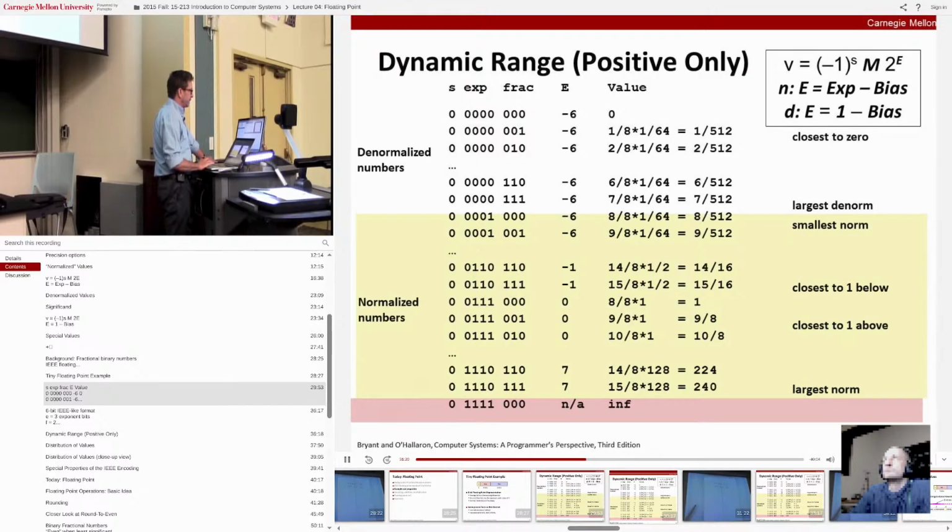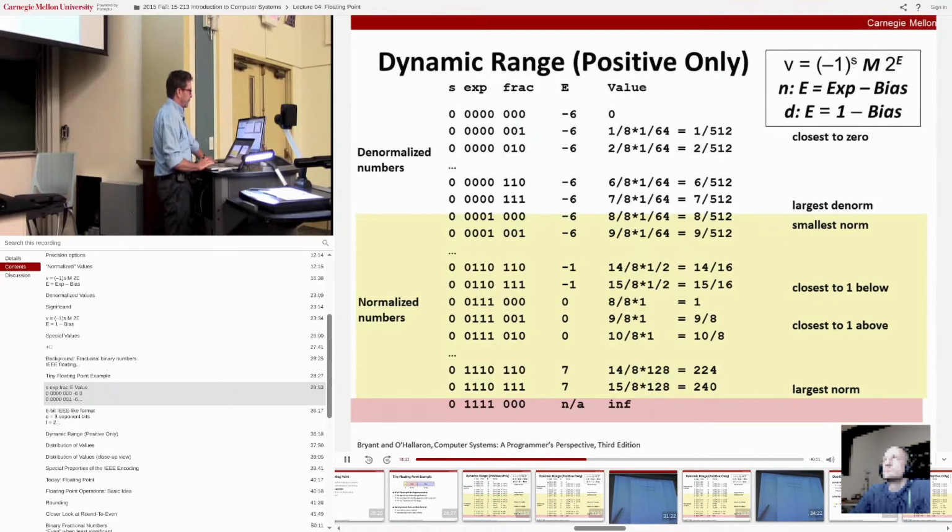So we take the bits in the frac field, m is 0, times 2 to the minus 6 gives us 0. So this is our representation of 0. And it's nice that if we just treated this as an unsigned integer, it would be 0. So that's kind of pleasing.